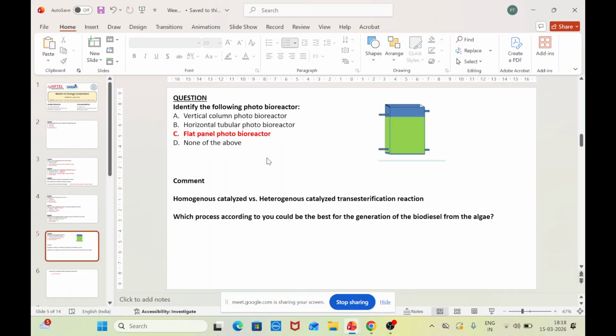Just the factors. Even if you're not able to come up with the answer, what could be the factors that we need to consider to say which of the two processes, homogeneous or heterogeneous, is the best?